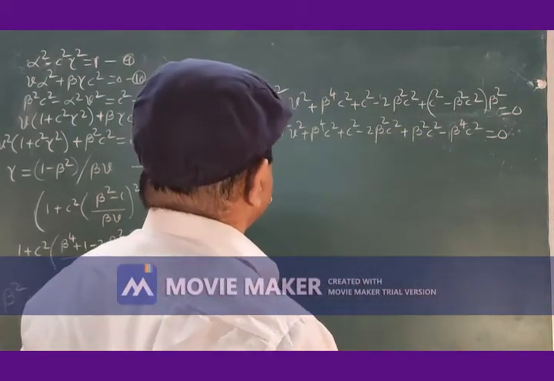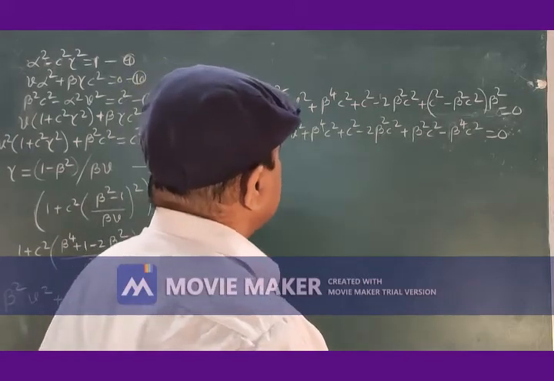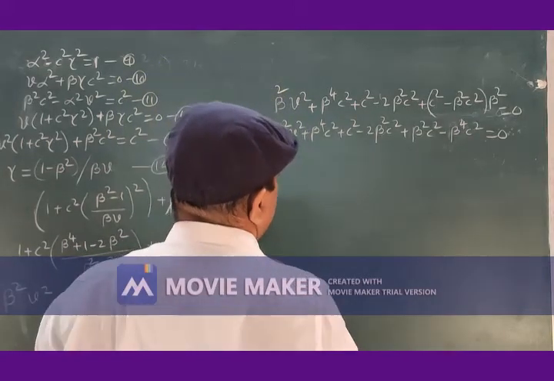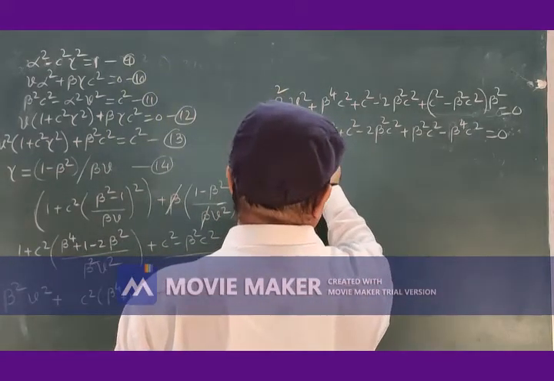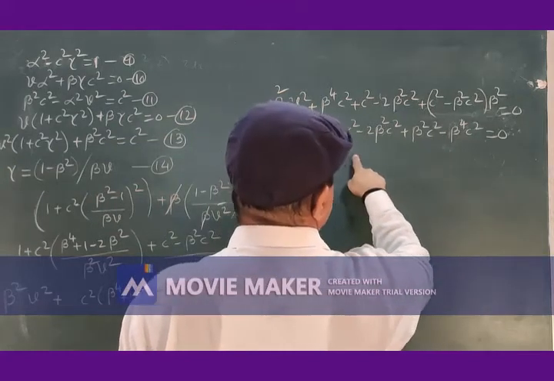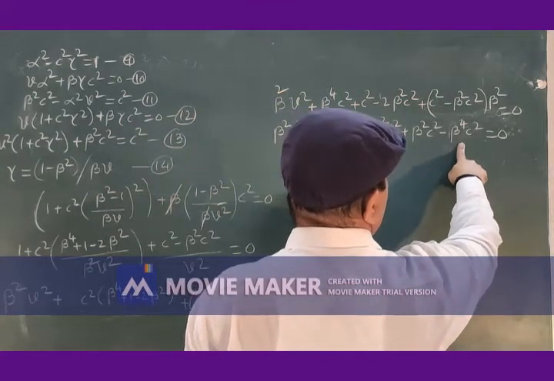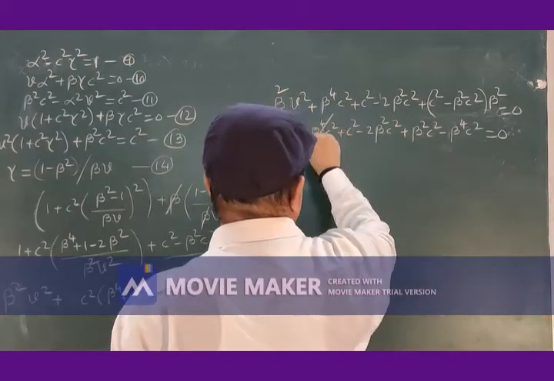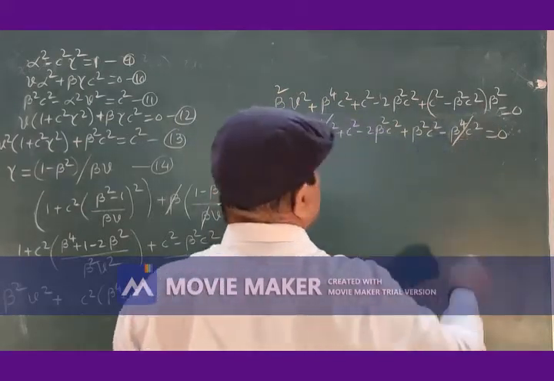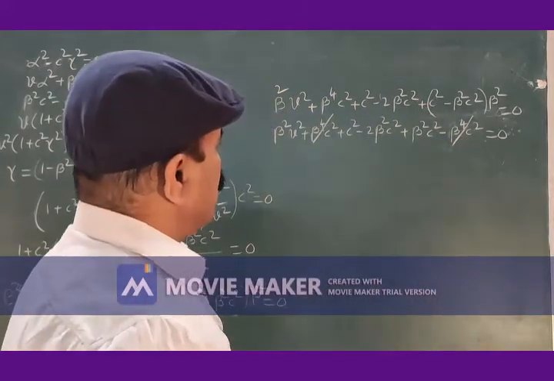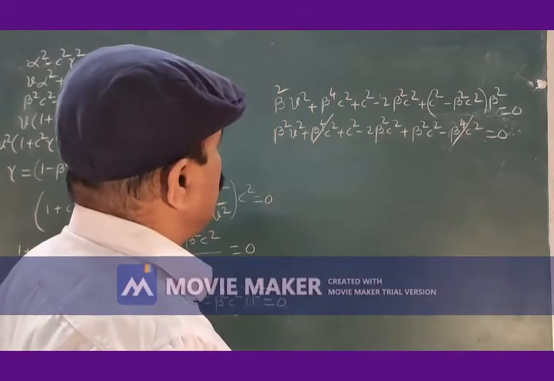Then let us have a look into the equation. Beta to the power 4 c square minus beta to the power 4 c square: these two are identical and opposite, so together they become 0.